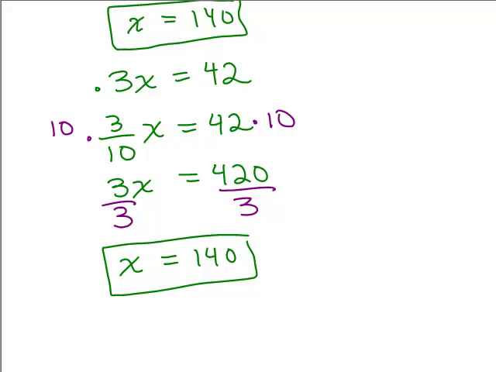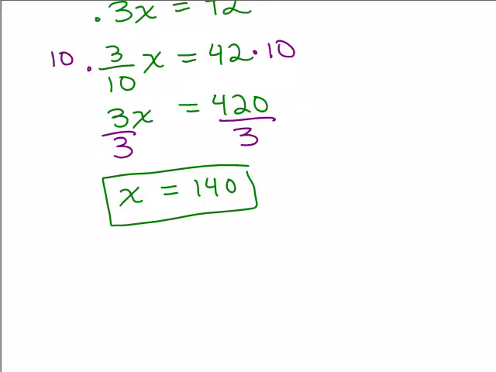There is a little bit of a shortcut to doing that. I'm going to write it one more time. 0.3x equals 42. Instead of rewriting it as a fraction, you might notice I would like this to be a whole number here in front of the x. So what can I do to 0.3 to make it a whole number? Well, I can multiply it by 10. That would make it a whole number.